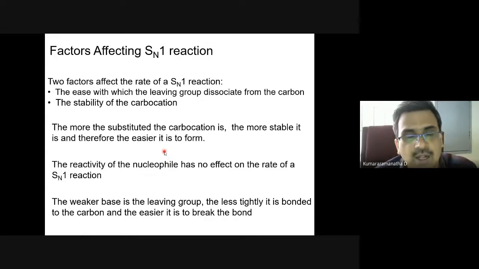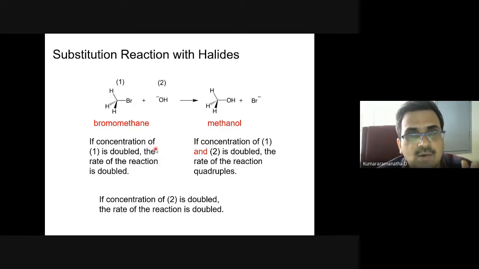Now, let's see what happens if you bring the effect of the concentration of the base into the picture. In this case, you are taking bromomethane, you add some nucleophile base like NaOH, and you get methanol.